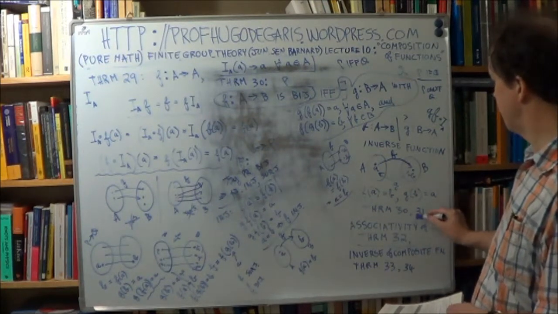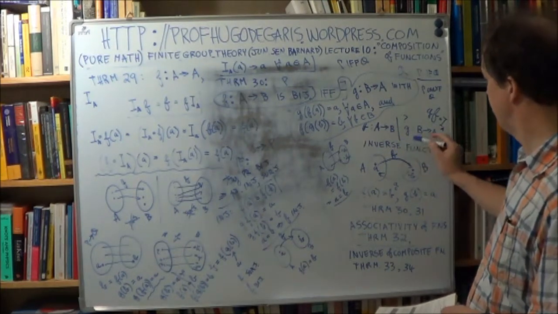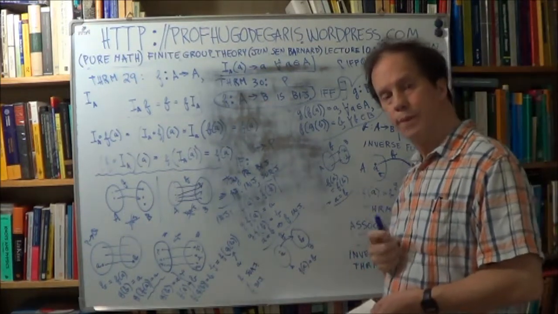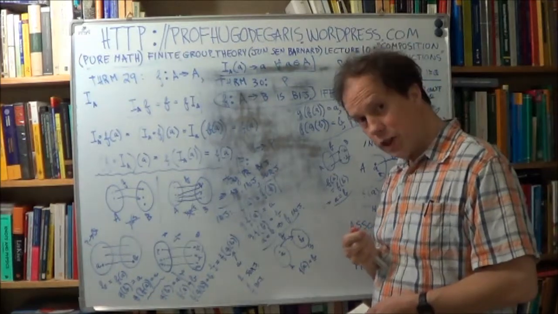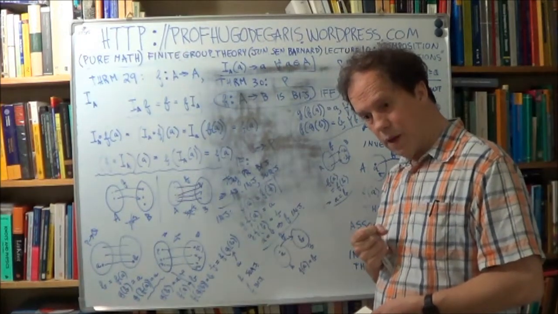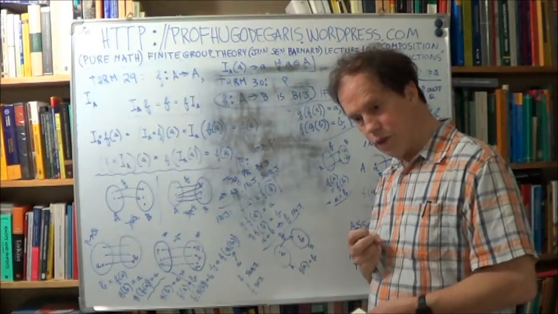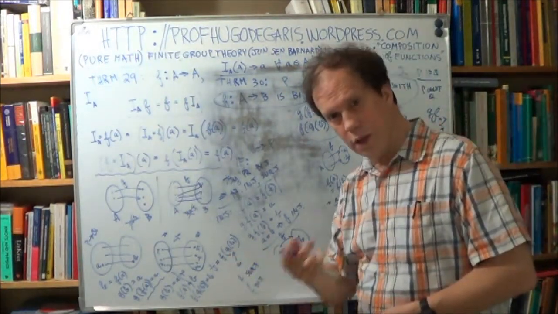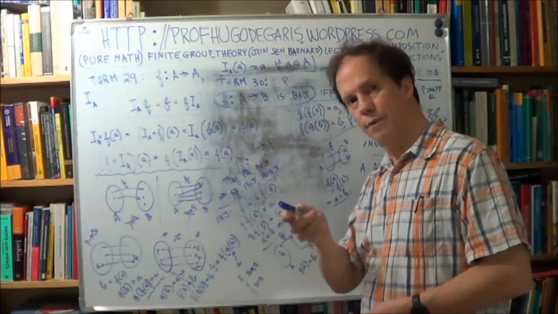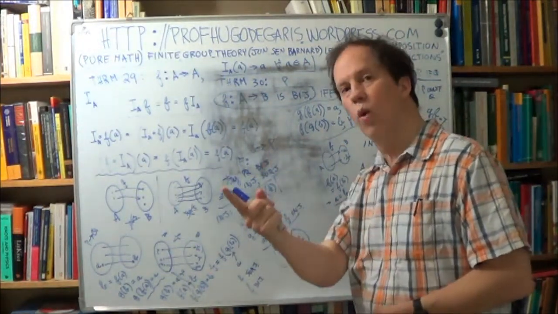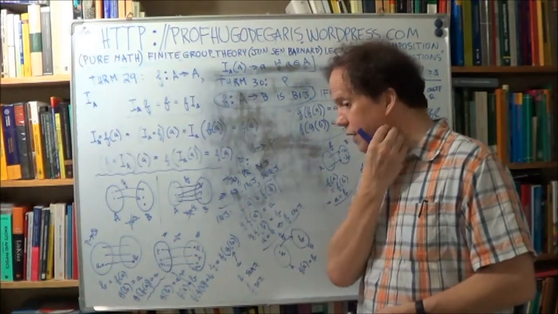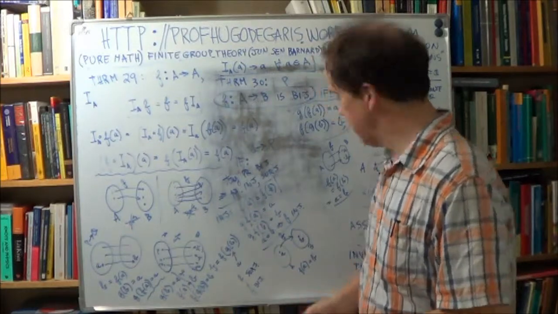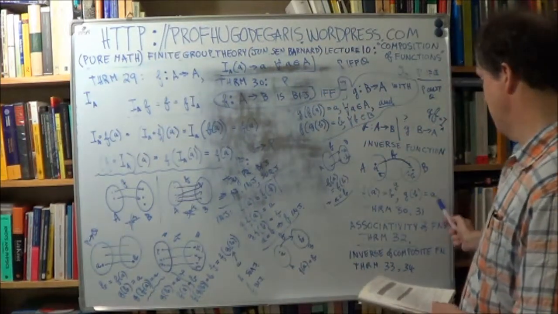Theorem 31 says that this G here, this inverse function, has two properties. It's bijective and it is unique. So we can talk about the inverse function to F. So this G is the one and only inverse function. It's unique. So I'll clean the board and it'll be theorem 31.